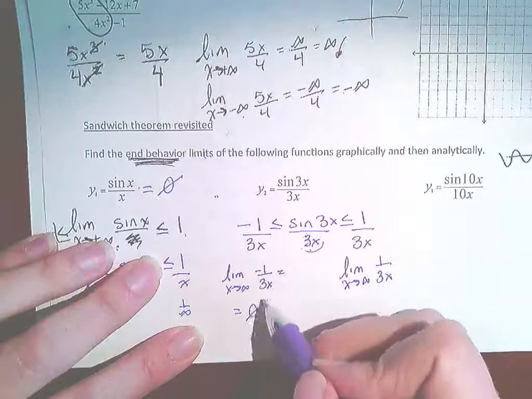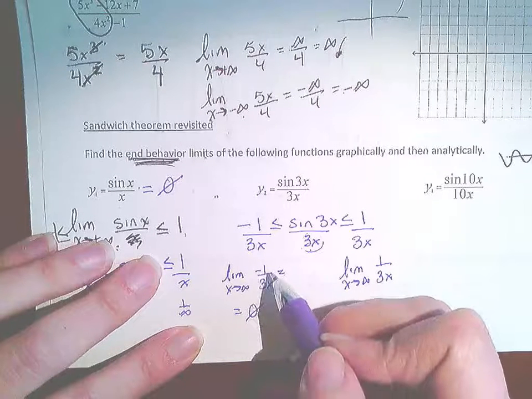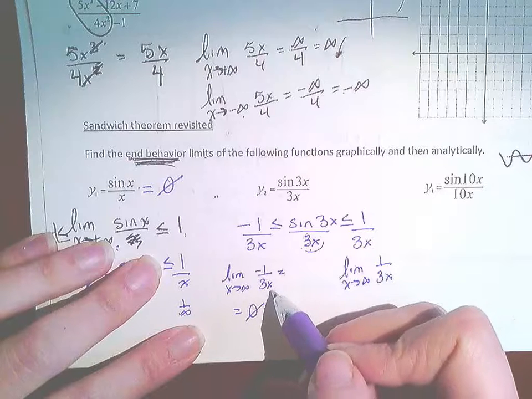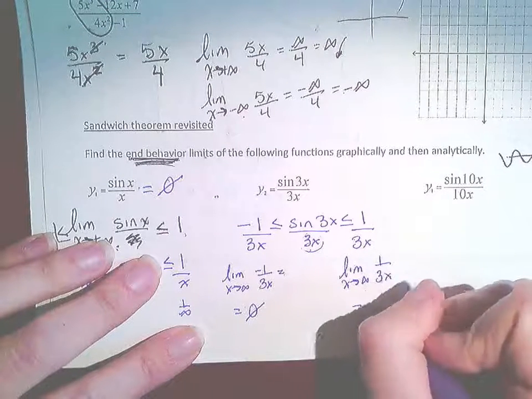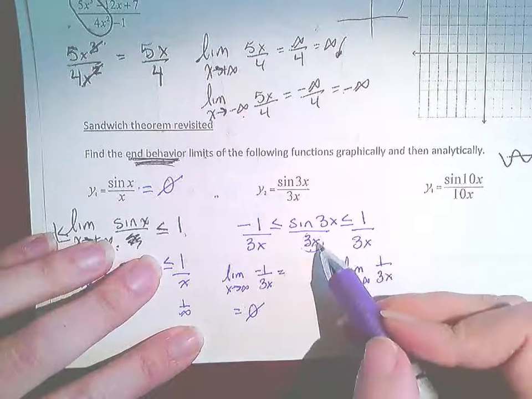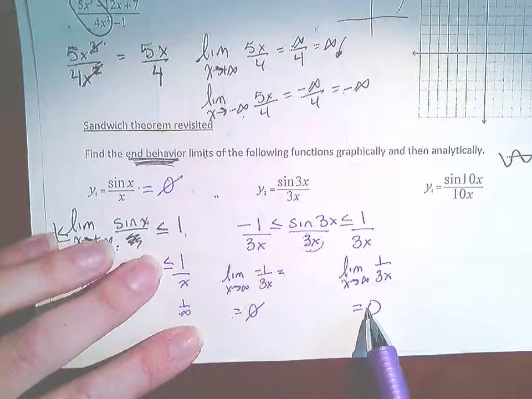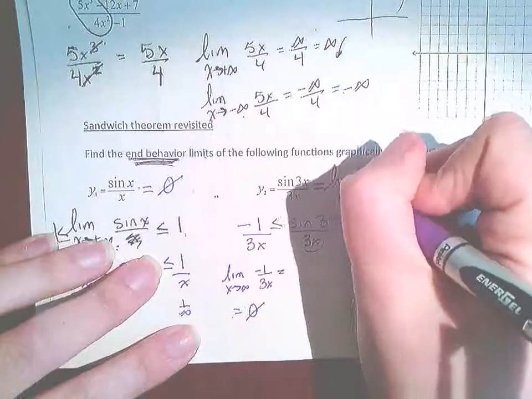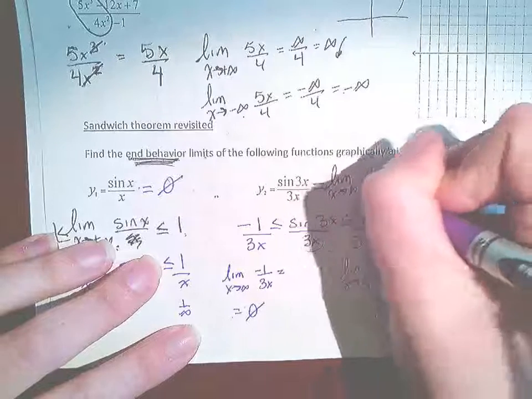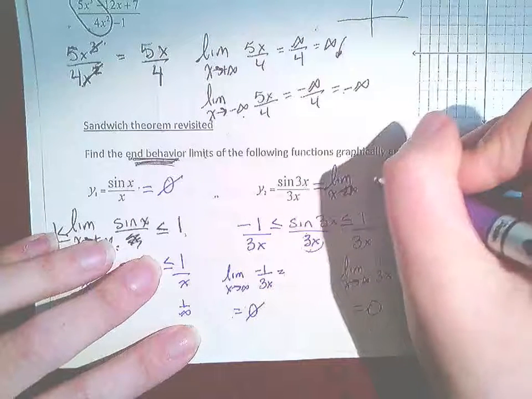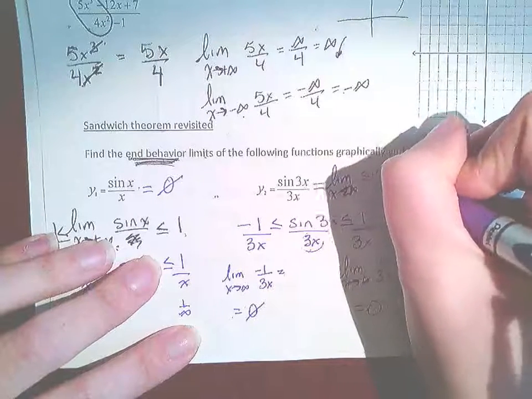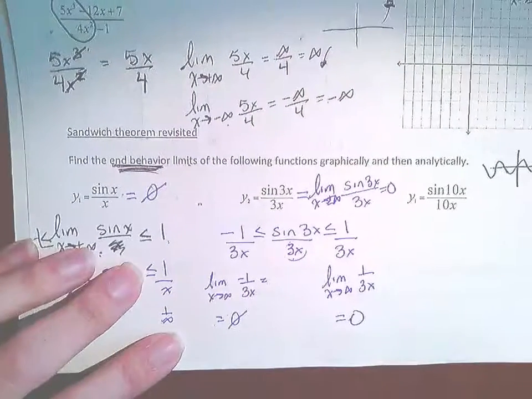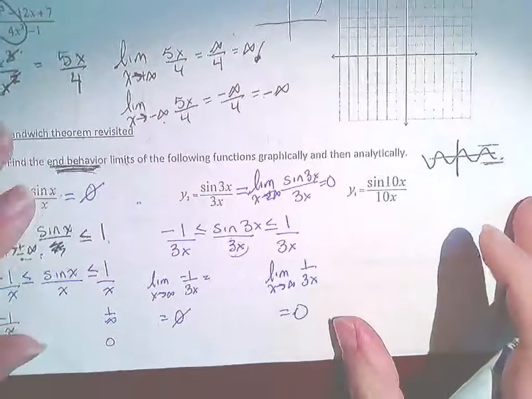Now, we can't say -0, okay? So it's -1 over infinity, which is a very small negative number, which is still 0. And this side is 0. So then that means, because these two are equal to each other, that the end behavior of this, so the limit as x approaches infinity, both in the positive and negative direction, of sine of 3x over 3x is 0. So do you see the pattern?